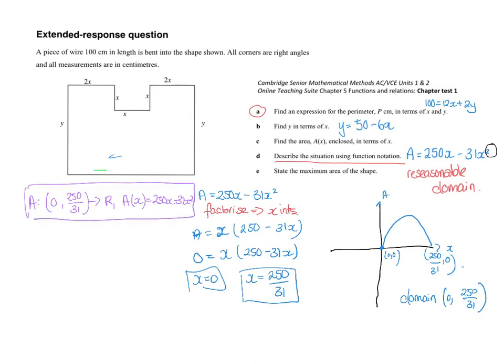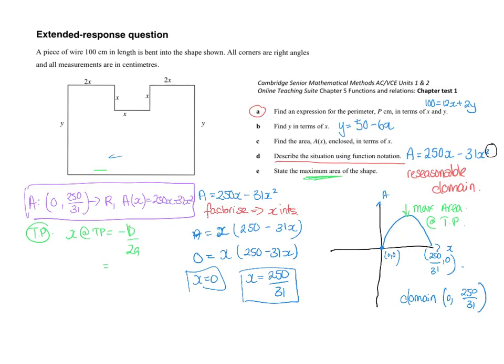Alright, in the last question when it says find the maximum area of the shape, well, maximum area is going to occur at the turning point. So we're going to get the turning point of our quadratic. For a turning point, we can use x at the turning point is equal to negative b over 2a.